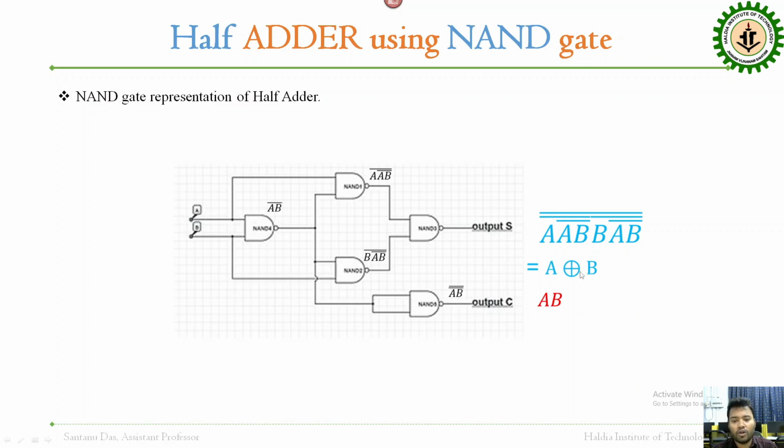So we already get our desired results: sum equals A XOR B and carry equals AB. So this is our NAND gate representation of the half adder. Now we are going to discuss the full adder.